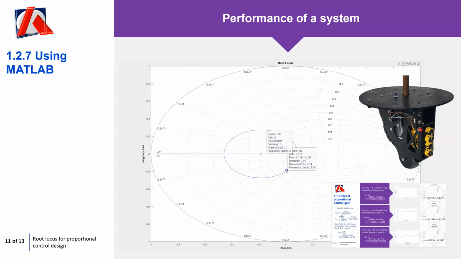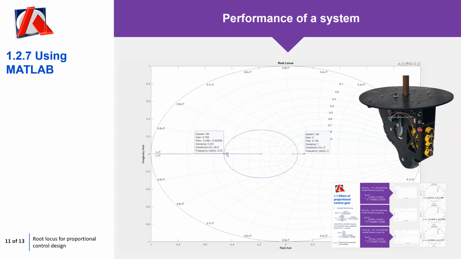The poles then become a pair of complex conjugate poles, and you can see your gain value is increasing, your poles are changing, your damping is changing, your overshoot is changing, and your frequency is changing. One goes off and then down to the 0, apologies. The other one, and these are obviously in pairs, but here I'm just doing it to show you the effect.